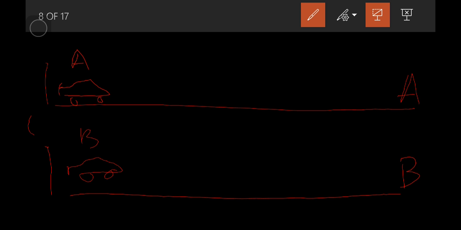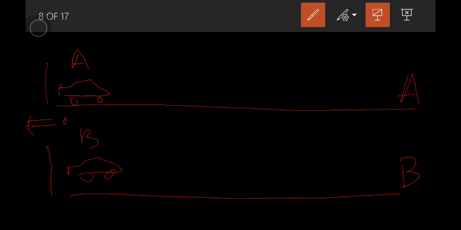Here t is equal to 0. At t equal to 0, they start at the same time, but the speeds of the cars are different.